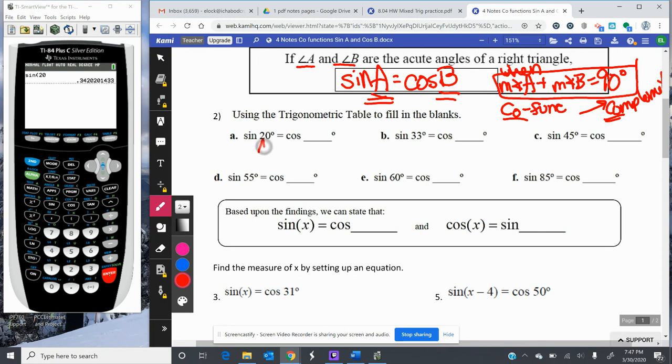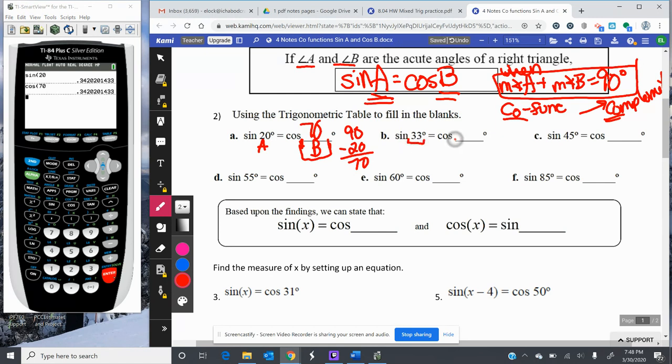If this is my angle A, we're trying to find the measure of angle B. A and B have to add to 90. So 90 take away 20 gives us 70 degrees. Let's check cosine of 70. We get the same decimal equivalent, 0.3420. So the answer here is 70 degrees.